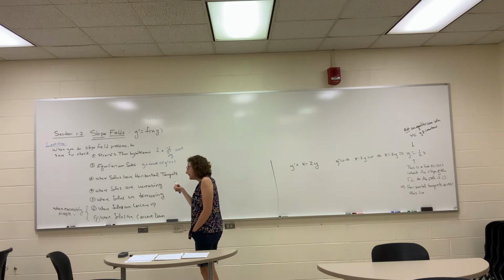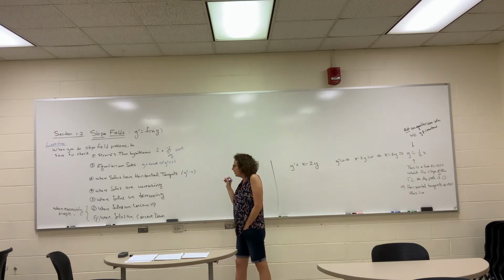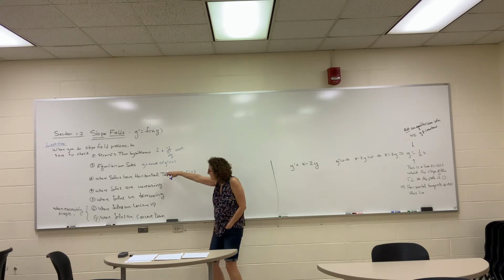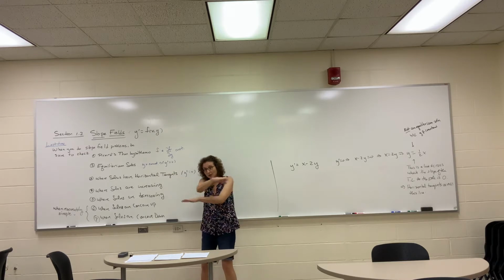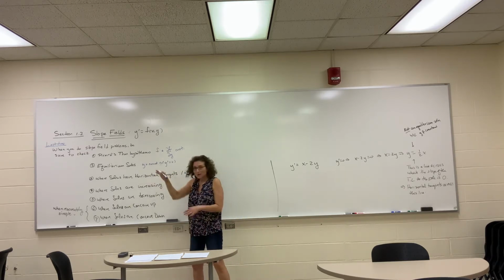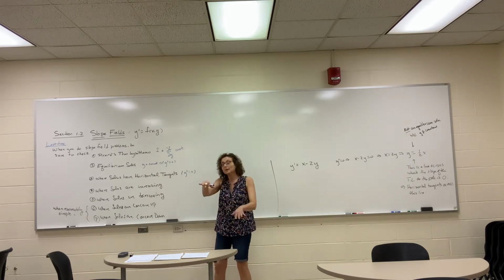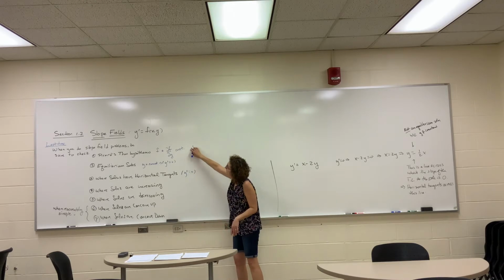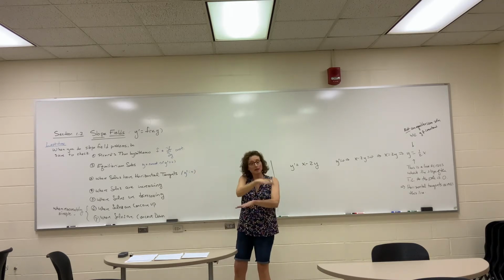Then you also want to determine where solutions have horizontal tangents. There might be other places where y prime is 0 which are not constant solutions, not a horizontal line y equals a constant. Horizontal lines are nice because they split the xy plane into separate regions, and because of Picard's theorem, if these two things are true, then you can never cross any solution.